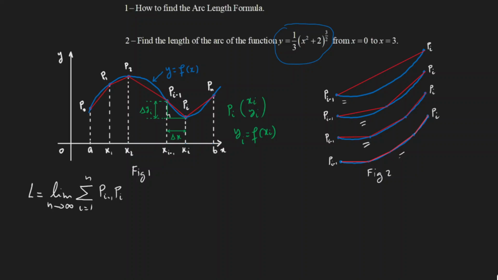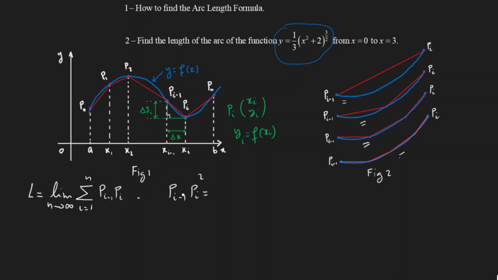Now, how can we find this distance Pi minus 1 Pi? If you consider this right triangle, we can apply the Pythagorean theorem.